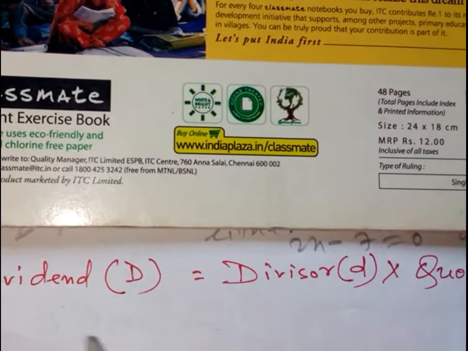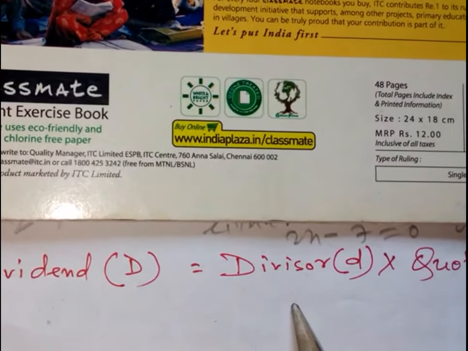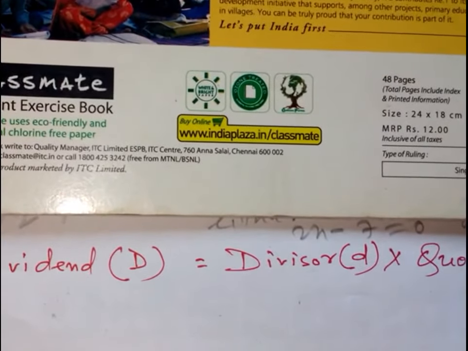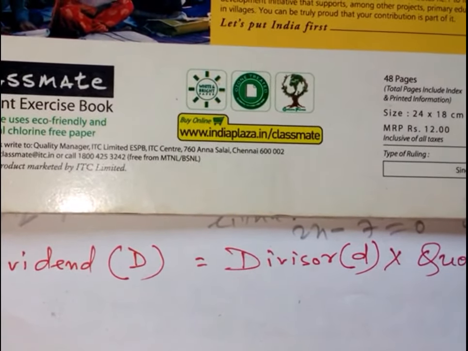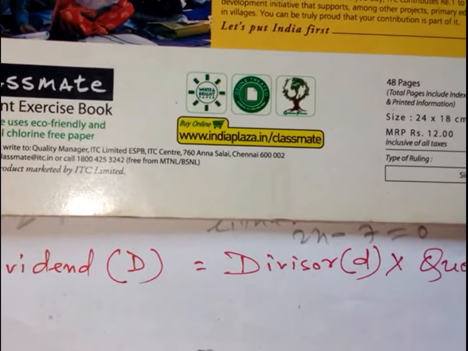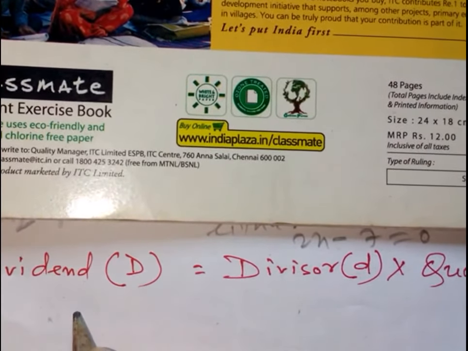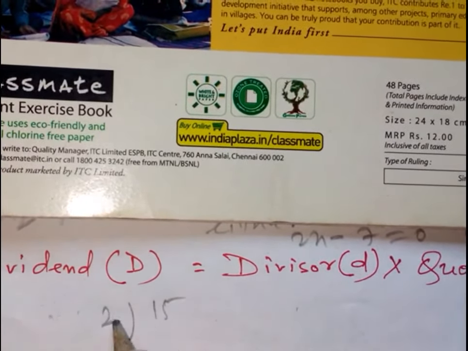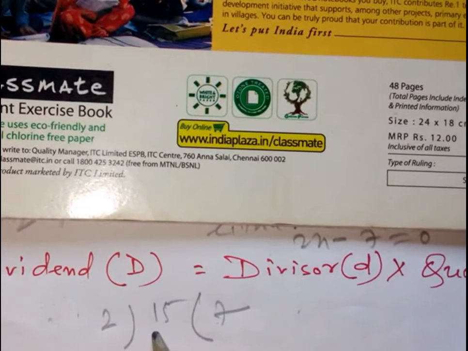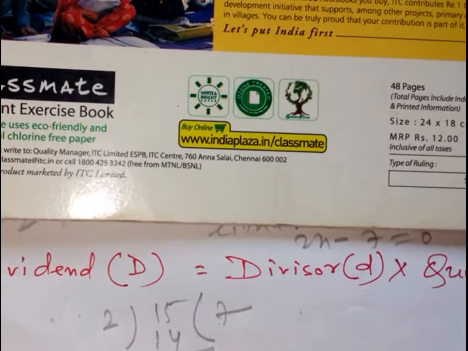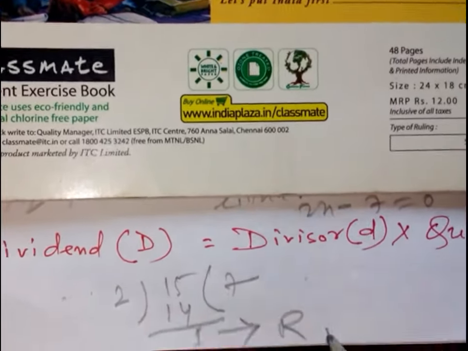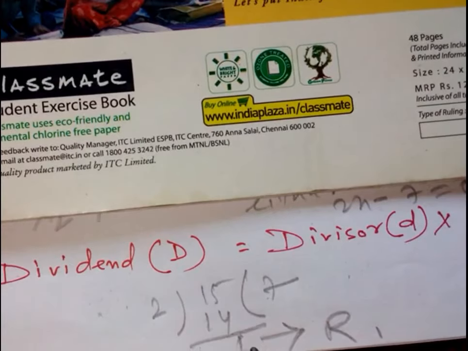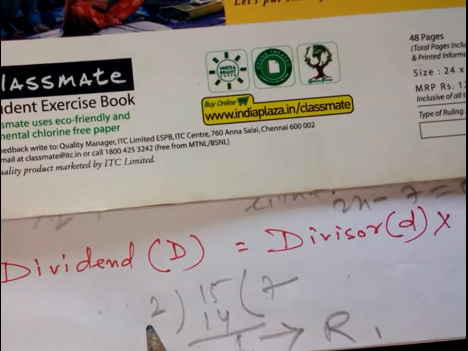If the dividend is divided by the divisor and something is left over, then we call it a remainder. Suppose we have to divide 15 by 2, then it will give remainder as 1. So the point to be noted is that the remainder is always less than the divisor. Clear?